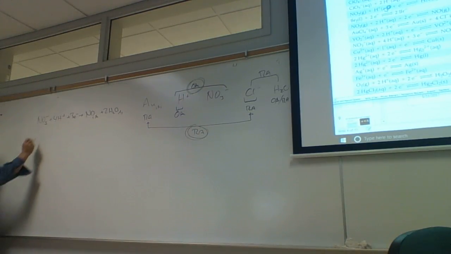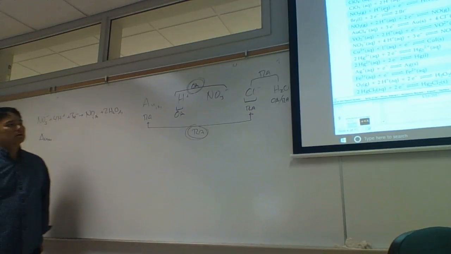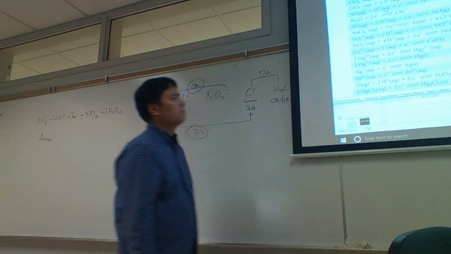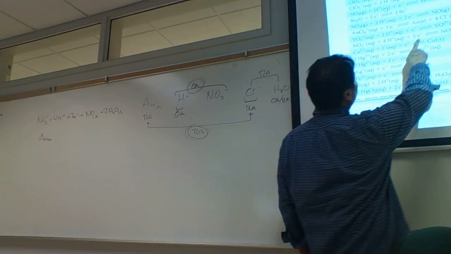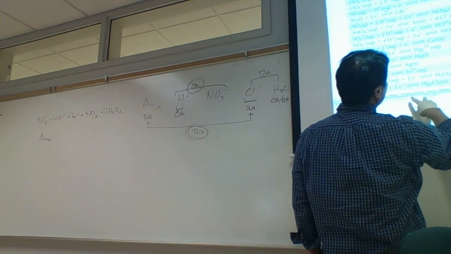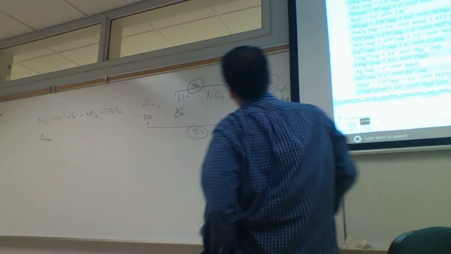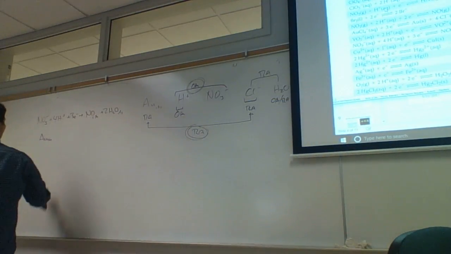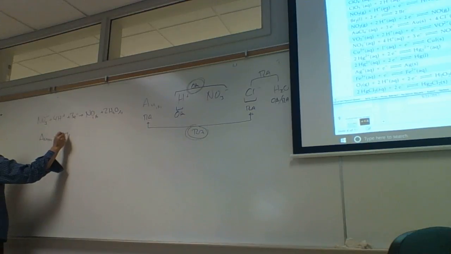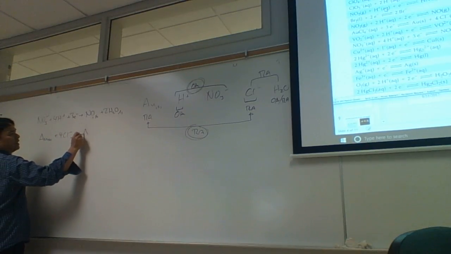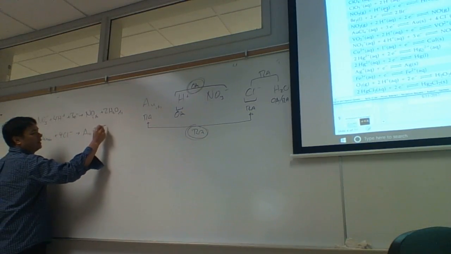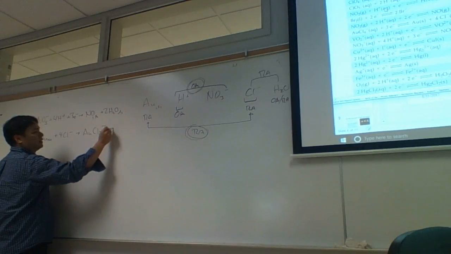We start off with gold, because that's our reactant, so we flip this equation around. It's going to be gold plus 4 chlorides yields AuCl4 minus plus 3 electrons.